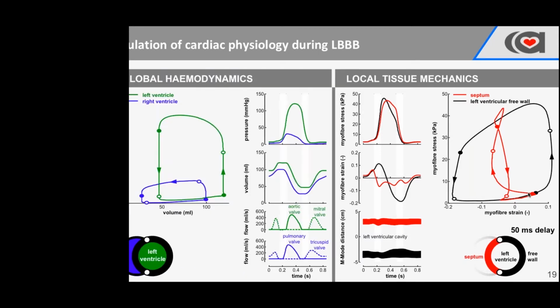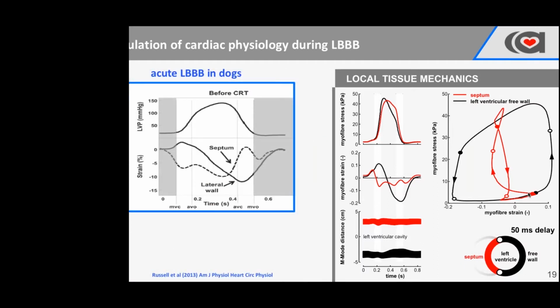These results are from our model, but if you compare those to results of animal experiments on dogs, you clearly see that though it is a very simple model, only with 3 segments for the ventricles, you get results that resemble what has been measured in dogs with an acute left bundle branch block. Here in the dashed line is the septum, which shows a very early shortening, a negative strain, a little bit of lengthening, again shortening later on.